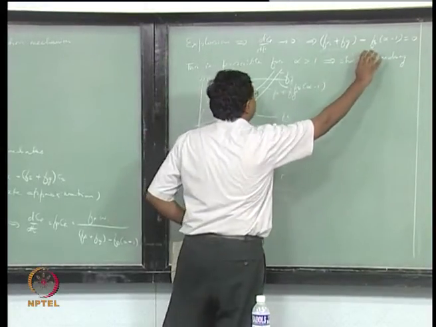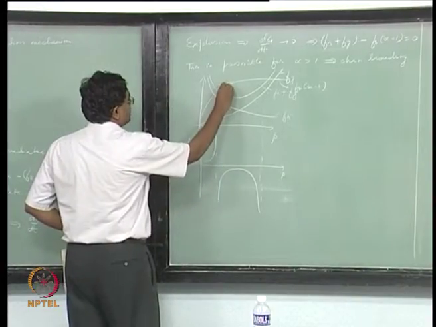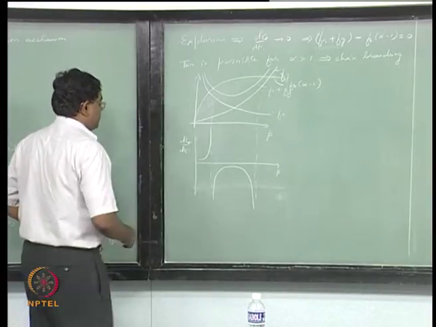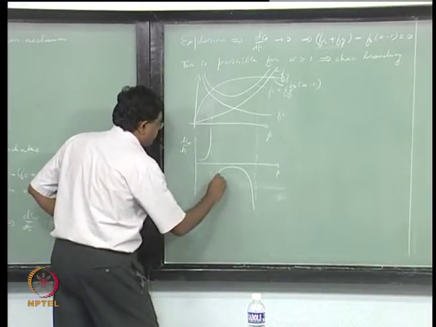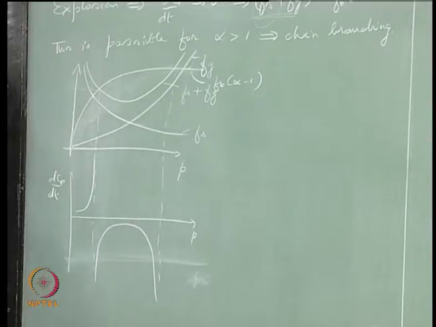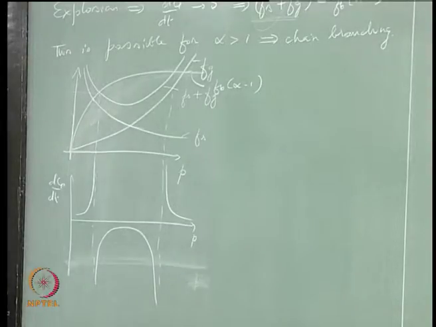So if you now go here, you now have Fb times alpha minus 1 greater than Fs plus Fg. So you just had a flipping of signs, so it starts from negative infinity, goes all the way up, and then comes back to negative infinity again, and you now have a flipping of signs again, right.